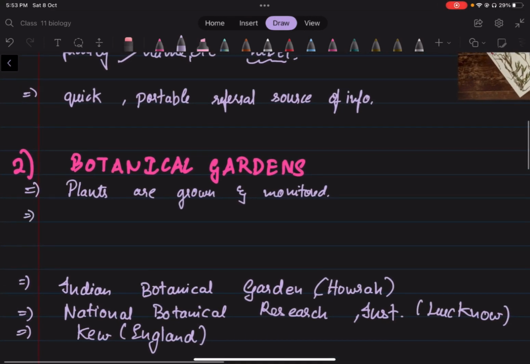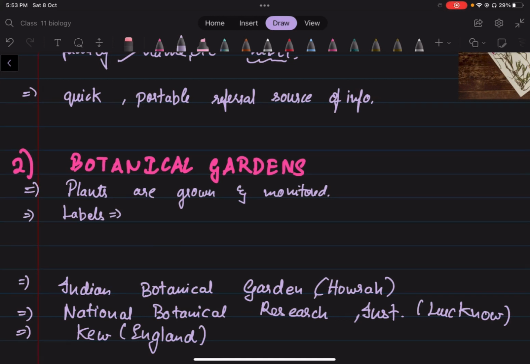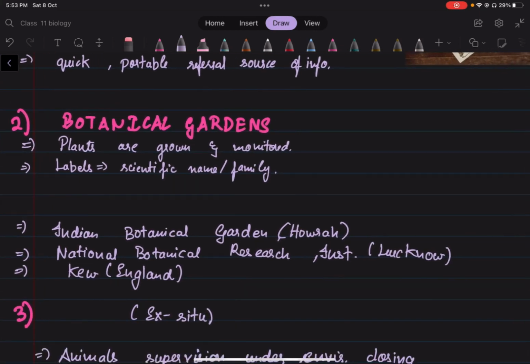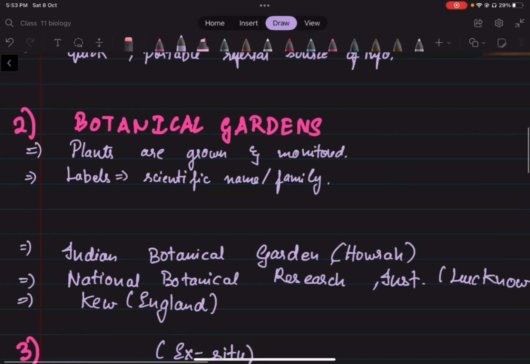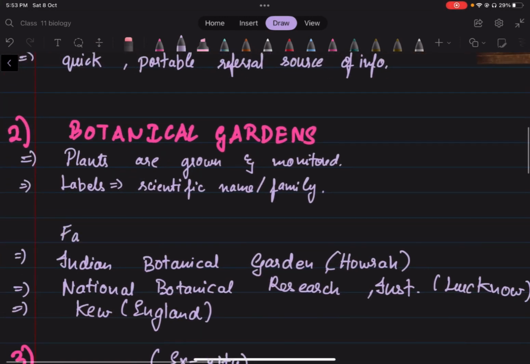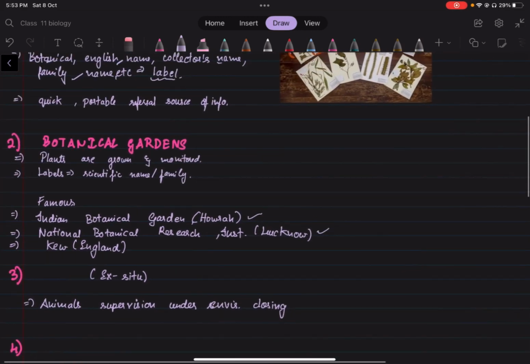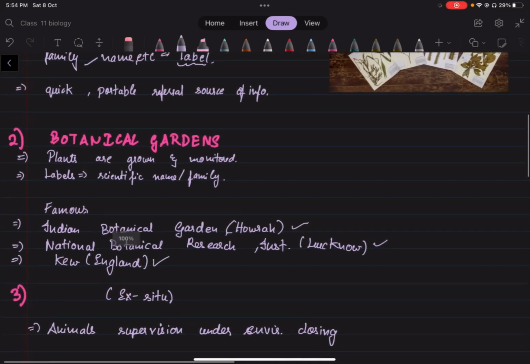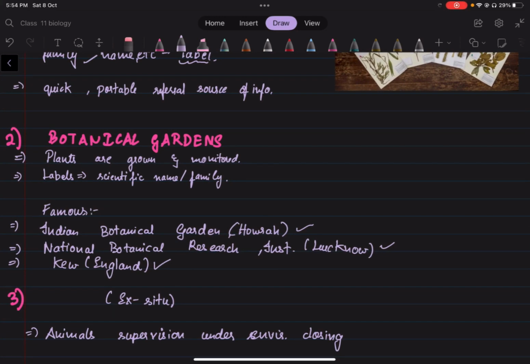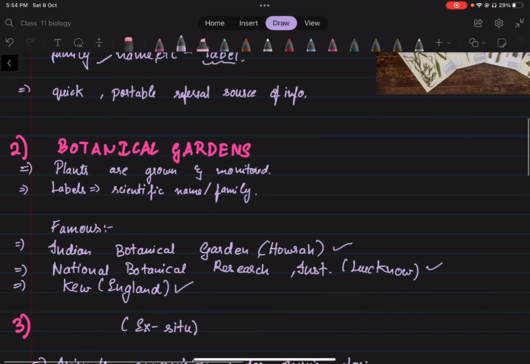We have seen there are labels which contain information about the particular plant, like the scientific name, the family to which it belongs, any special character that it has, or which habitat it comes from, and all that, right? And there are a few famous botanical gardens. You have one at Howrah, the Indian Botanical Garden, and the National Botanical Research Institute, which is present in Lucknow. And one of the largest botanical gardens is present in Kew, in England, right? So these are a few botanical gardens and their locations that you may know.